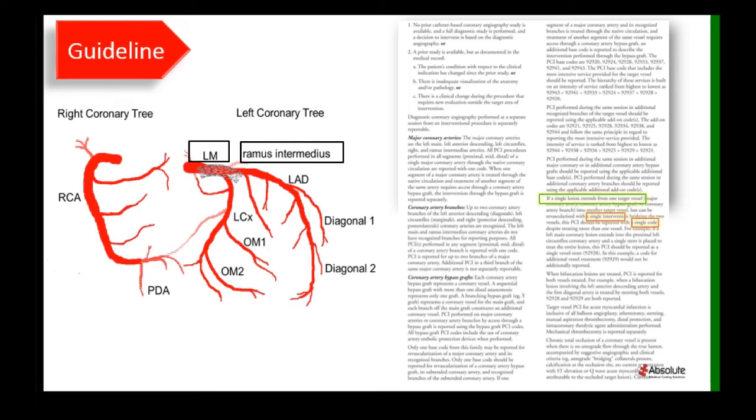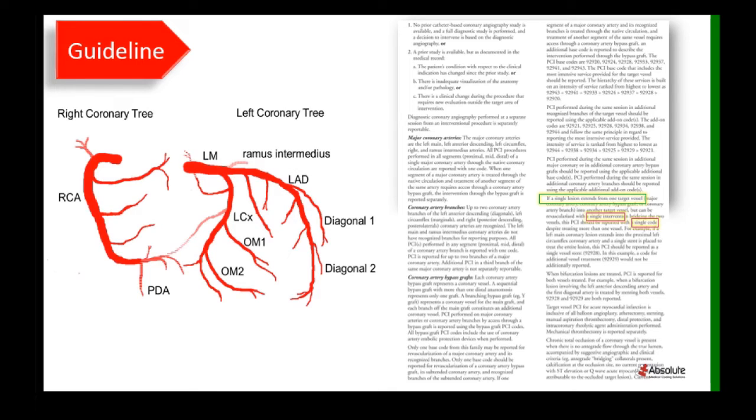You only use one code. Here you go. 92928 LM and RI modifiers. One code, and use the modifiers for the major vessel. So again, if there's one single lesion that extends the target vessel and one treatment is used, then use one code.